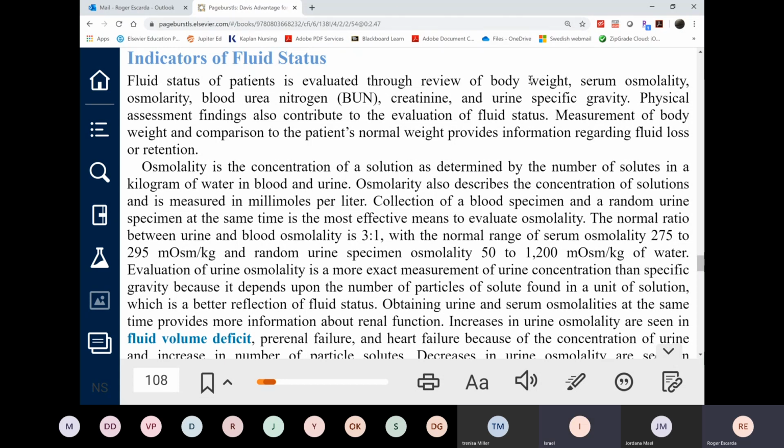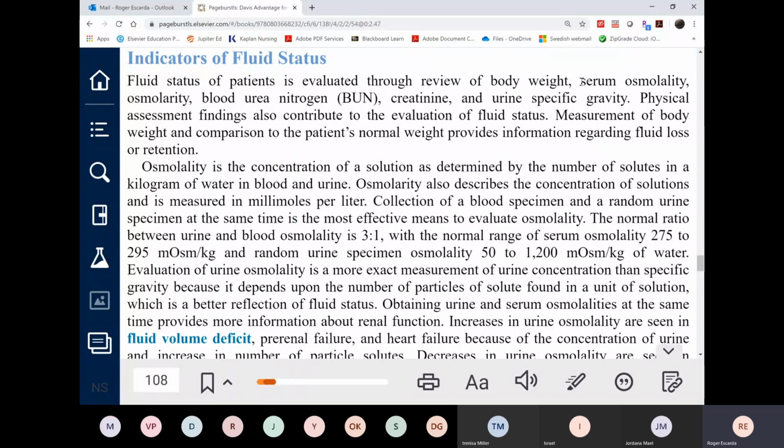Therefore, you can easily tell whether or not the patient lost or gained fluids by weighing them. This is especially helpful in the case of heart failure and also kidney failure. In fact, when you have a patient on dialysis, they have to weigh the patient before and after dialysis to determine how much fluid we removed. Serum osmolarity is very sensitive to changes in the fluid.